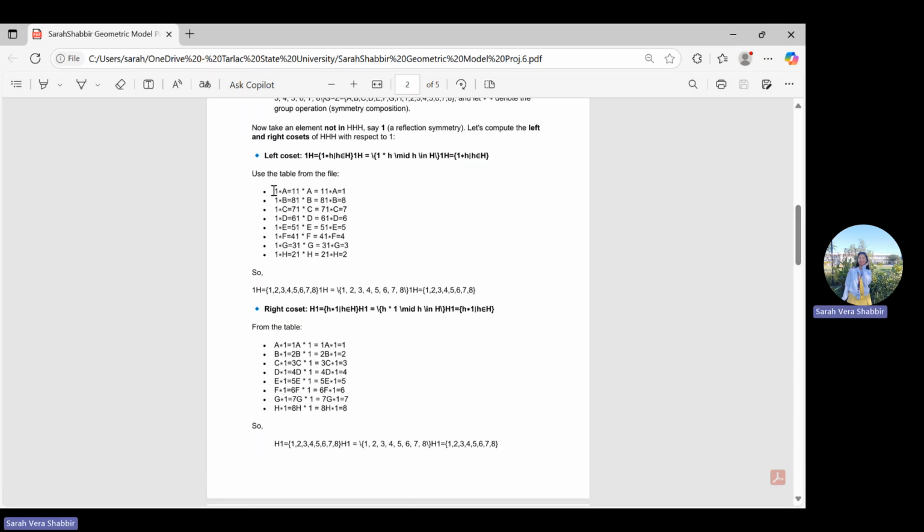For the 1, we have 1 star A is equal to 11, 1 star B is equal to 81, 1 star C is equal to 71. 1 star A is 11, 1 star B is 81, 1 star C is 71, 1 star D is 61, 1 star E is 51, 1 star F.